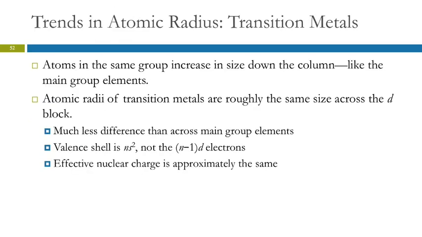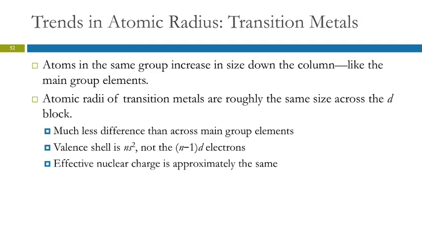Now, for the transition metals, they are just less predictable than other things. Going down in a column, we still see a nice trend, but as you go across, it's much less predictable because we are adding core electrons as we are adding protons.